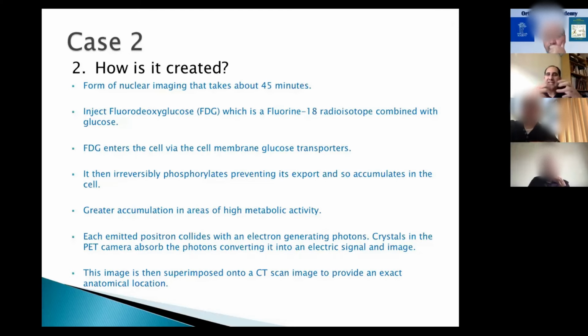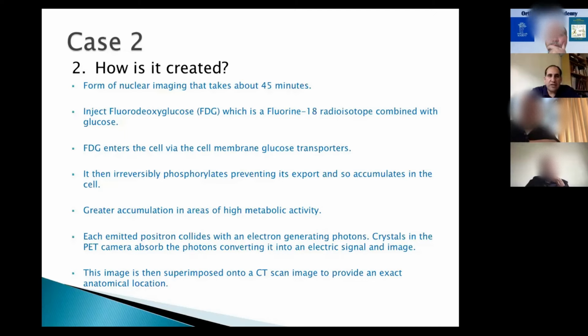And then the overlap of the CT with the PET scan image, because you can get a PET scan, can't you? But this is a CT PET, so you're combining the two and you get an anatomical location for the pathology. So maybe you've got an overall understanding there. Maybe just brush up on a bit more detail about the exact radioisotope.